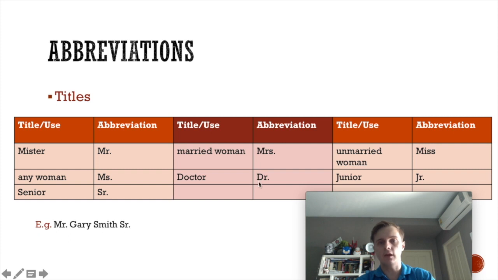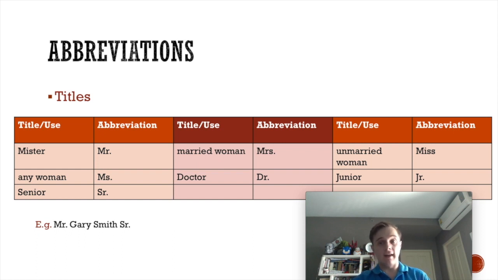The abbreviation D-R, period, means doctor. So if you're a doctor, you'd use this abbreviation before your name. And these two, junior and senior. You use the word junior if you have the same name as your mum or your dad. My name is Joseph Armstrong.